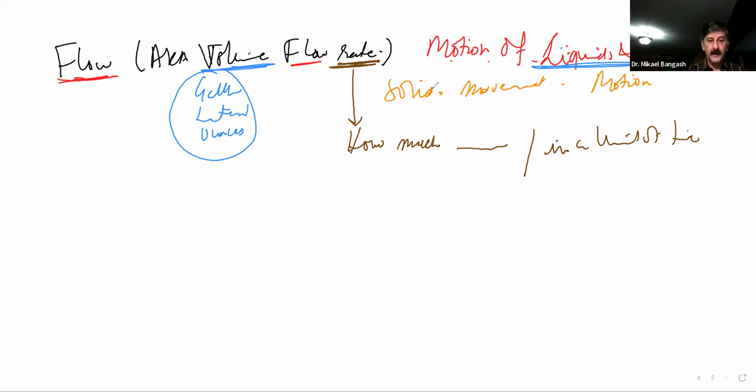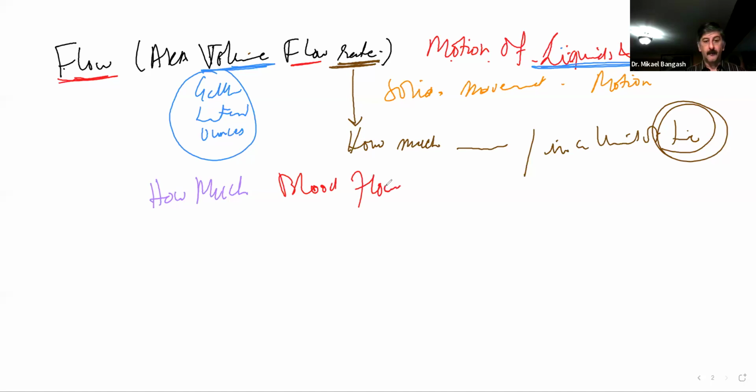So the word rate here mainly is going to be per unit of time. What your volume flow rate is going to document is how much. Now here we can say blood flows.